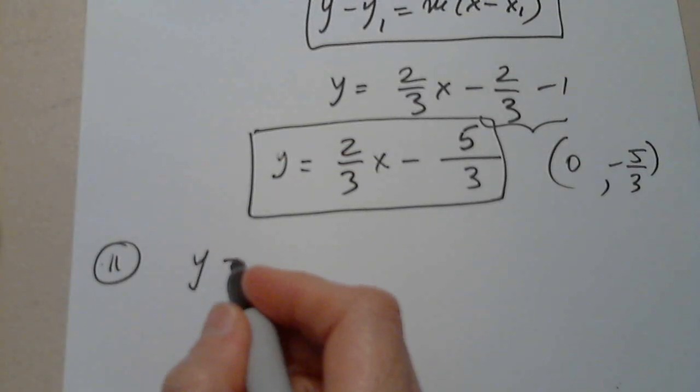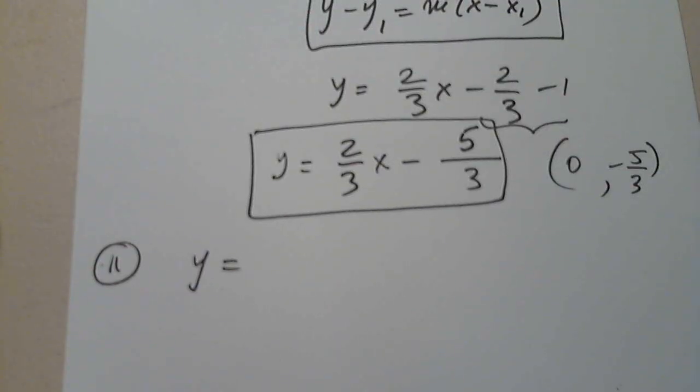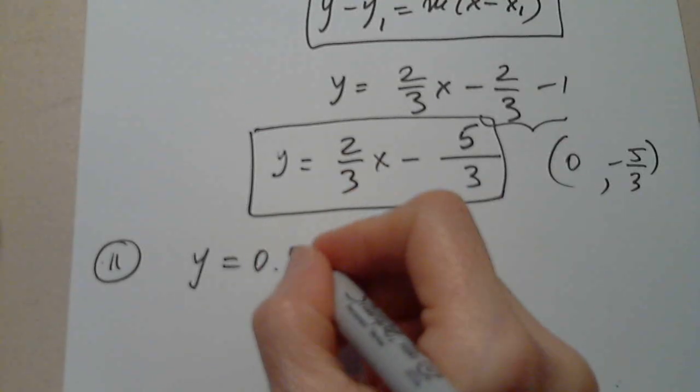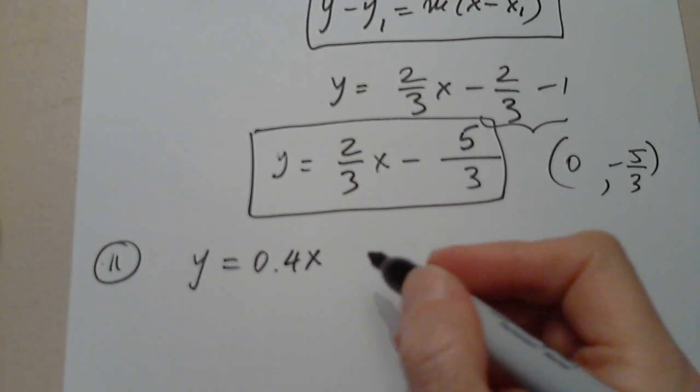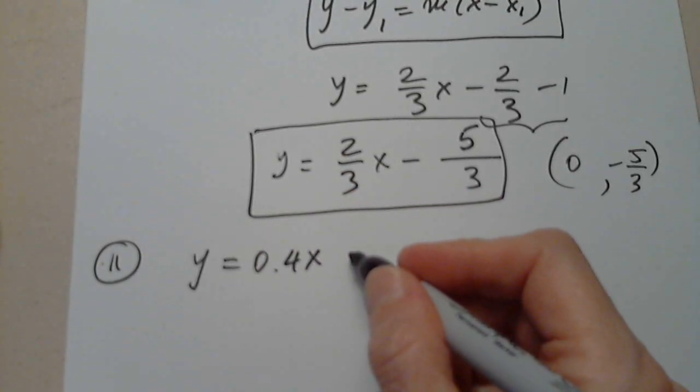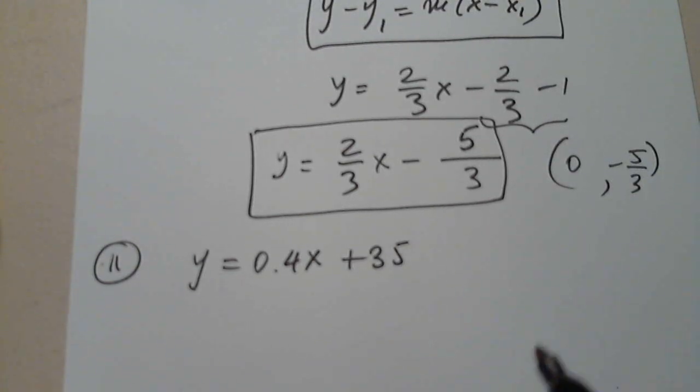So y equals 0.4x. Excellent. Plus 35 per day. Good.